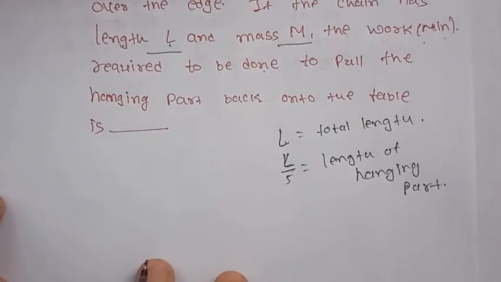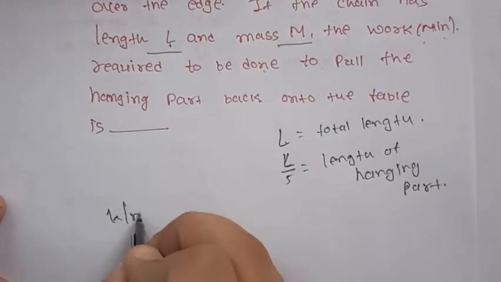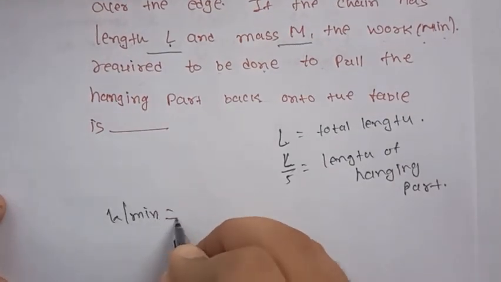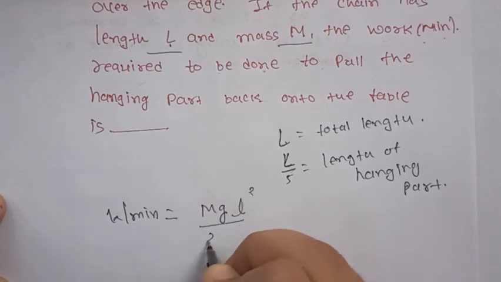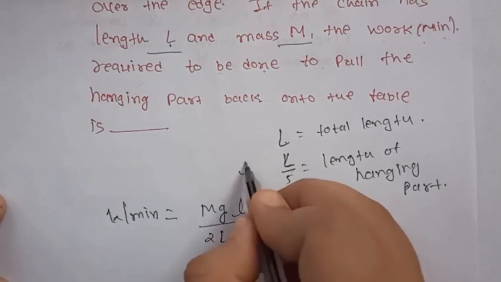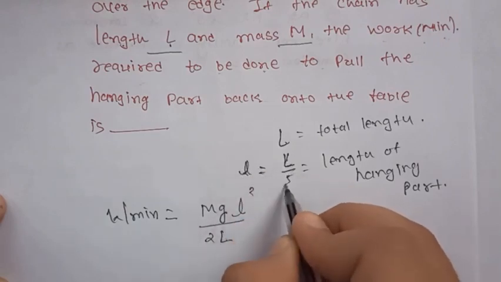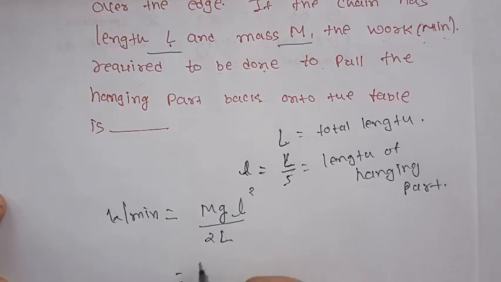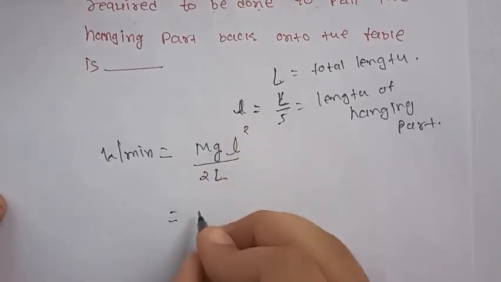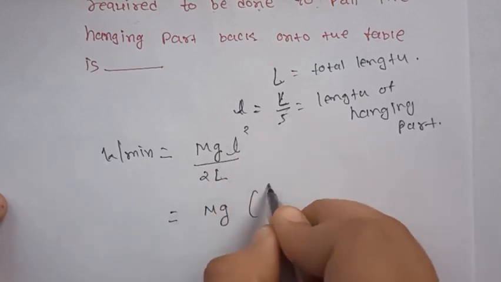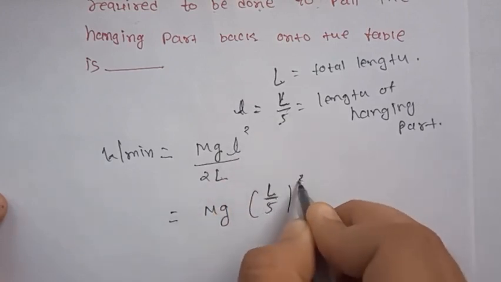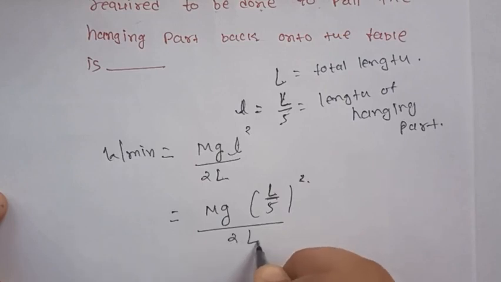The minimum work done required to pull the hanging part is mg l square divided by 2L. Here small l is given as capital L by 5, the length of the hanging part. So this will be mg into L by 5 whole square divided by 2L.